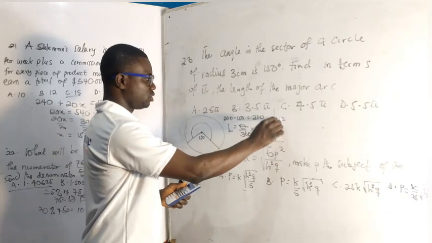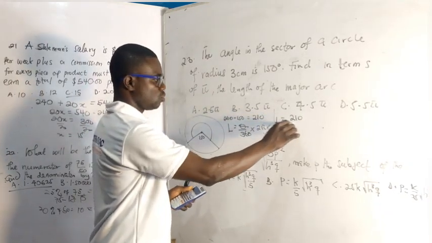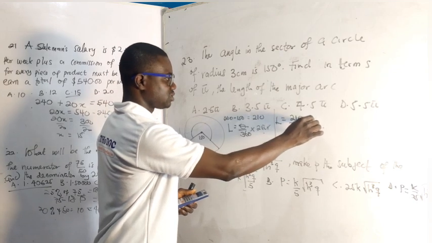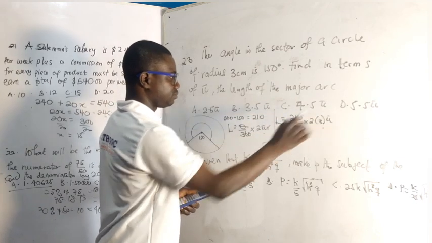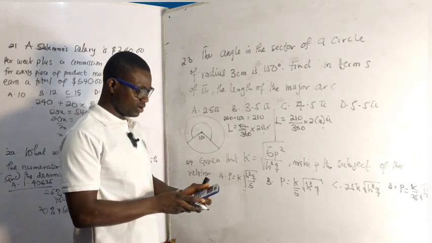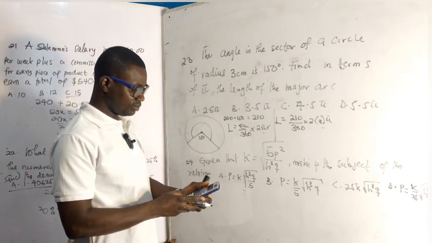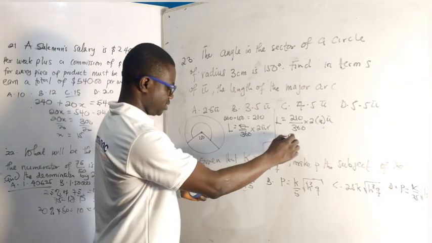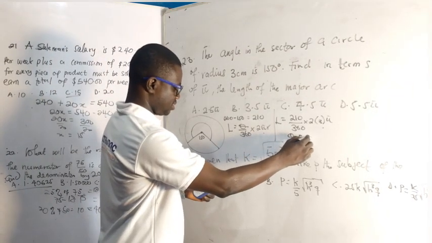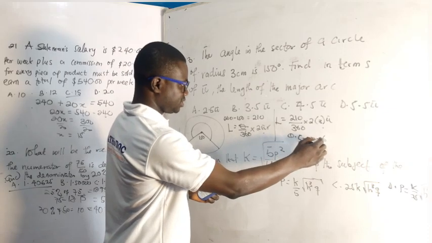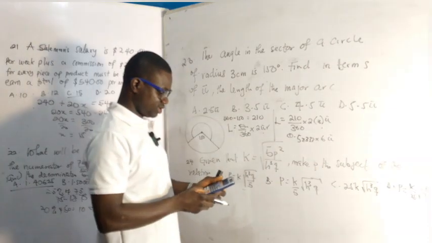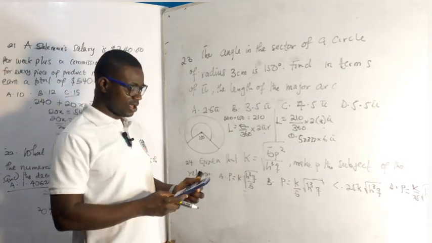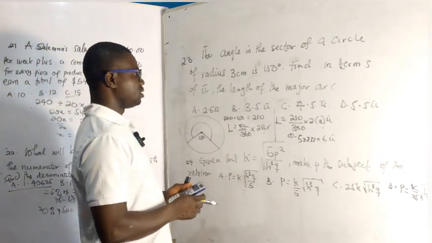The length is equal to 210 over 360 times 2 times 3 pi. So 210 divided by 360 gives you 0.58333 times 6 pi. 2 times 3 gives you 6, so times 6 pi.